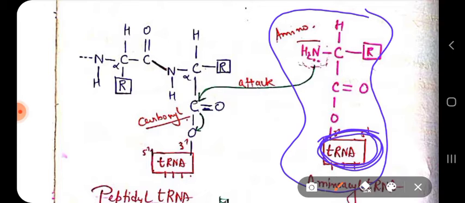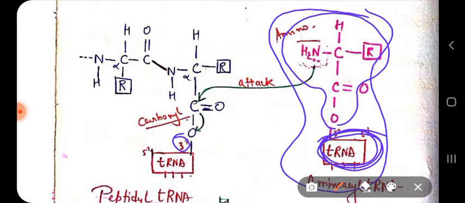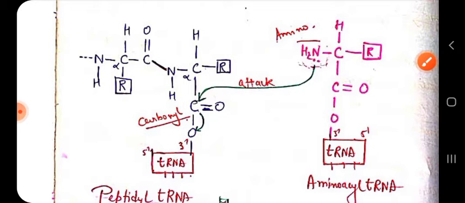The 3' end of this tRNA contains the amino acid, and the 3' end of the other tRNA contains its amino acid, and the ribosome places them in close proximity.